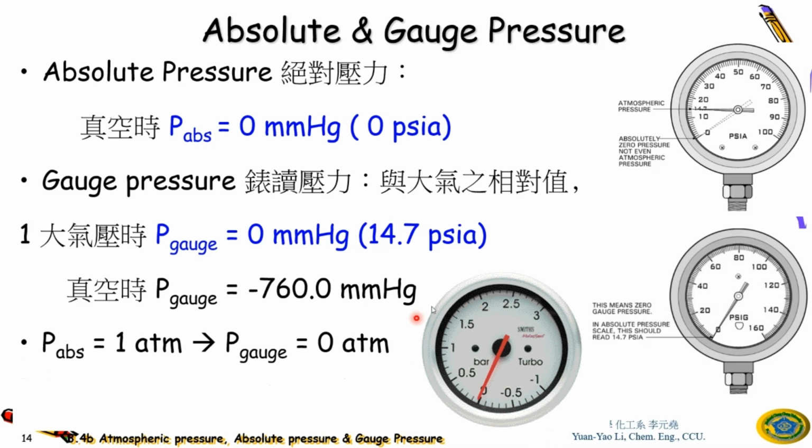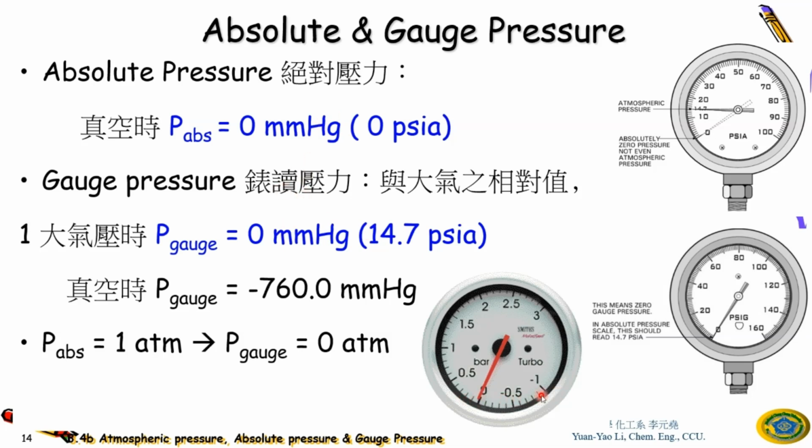So if I show you something like this, you will be able to find out this is called gauge pressure, because when the indicator goes to 0 and there's no measurement of the pressure, then you know that this is an indication of the atmospheric pressure. And so this is called gauge pressure.